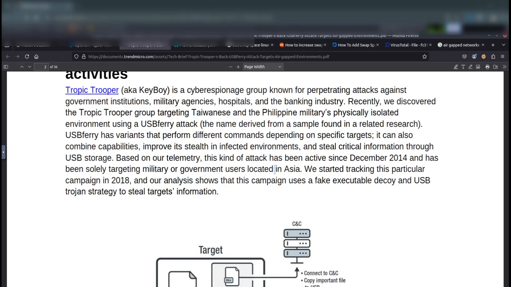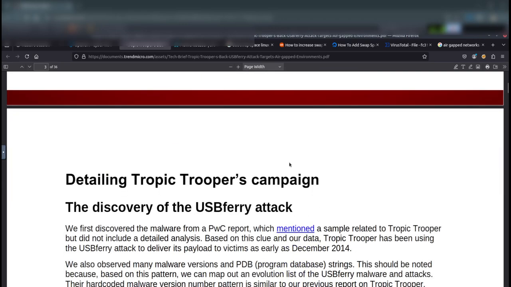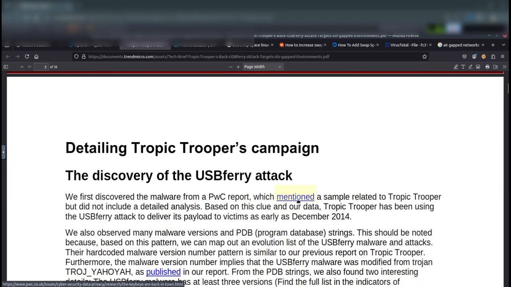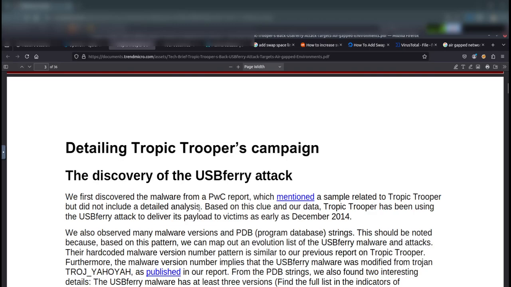Okay, what do we have here? What kind of phishing campaign does it use? Let me discover how.